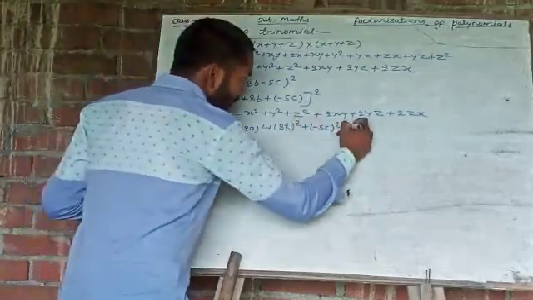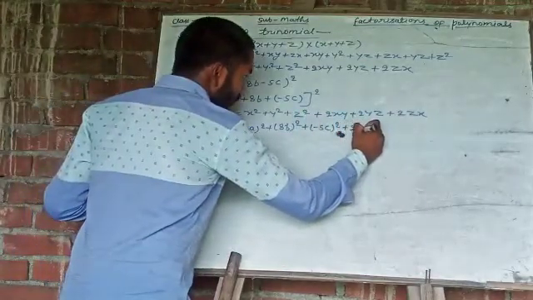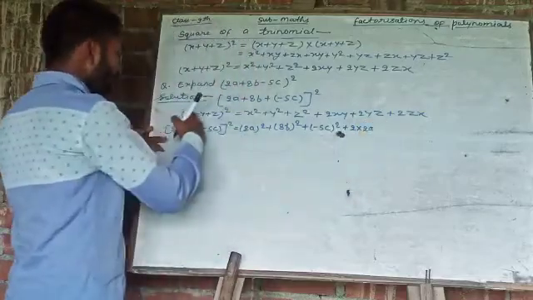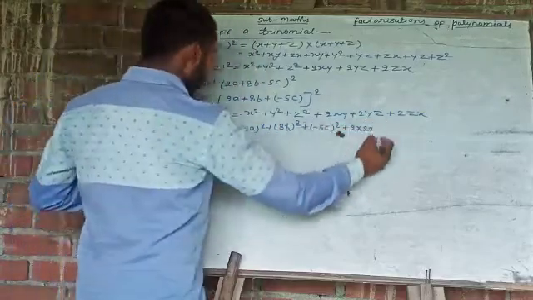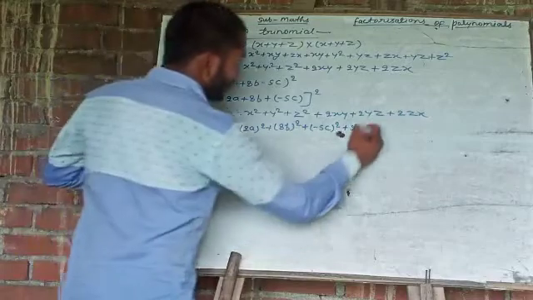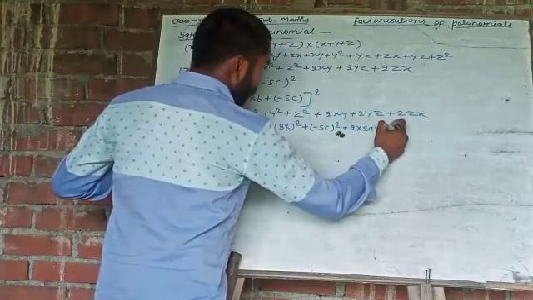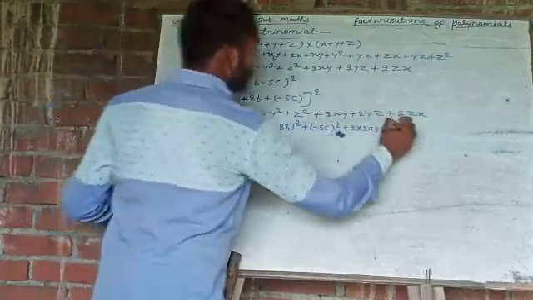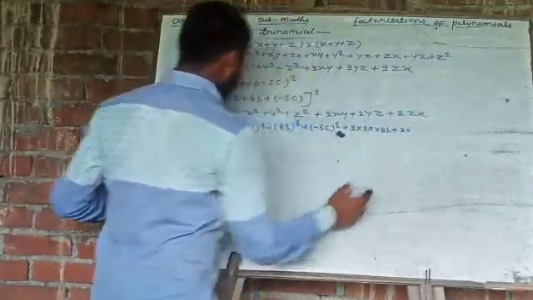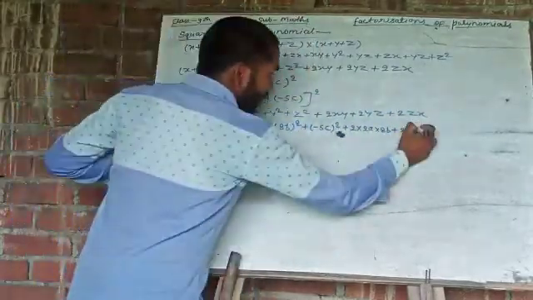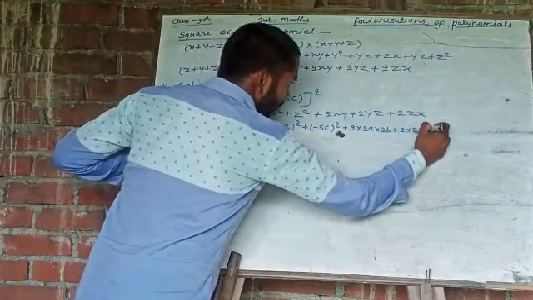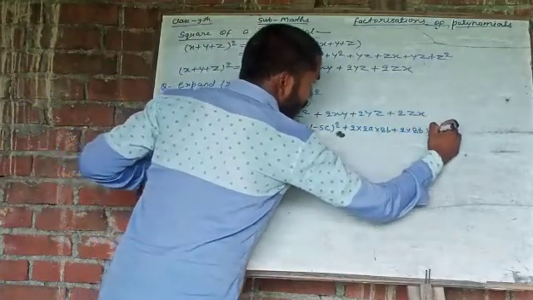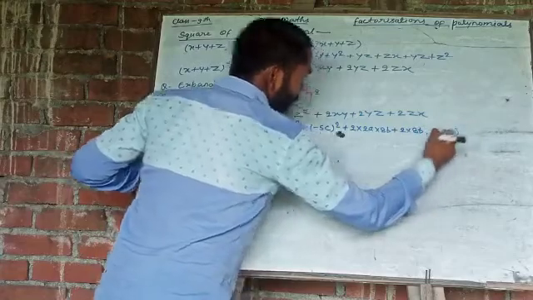Now 2xy means 2 into, in place of x it is 2a, so 2a, in place of y it is 8b. So this one. Now plus 2yz. So 2, in place of y it is 8b, and in place of z it is minus 5c.